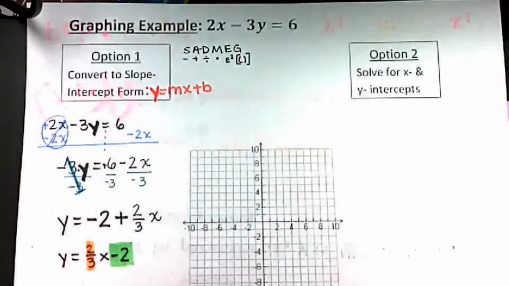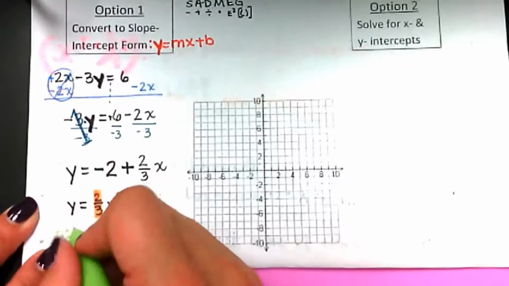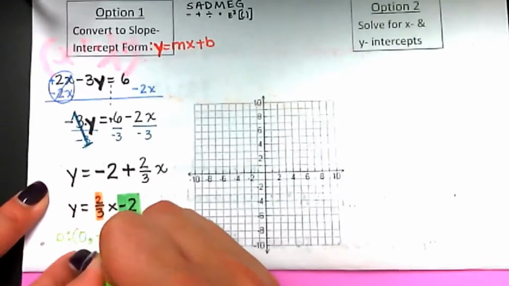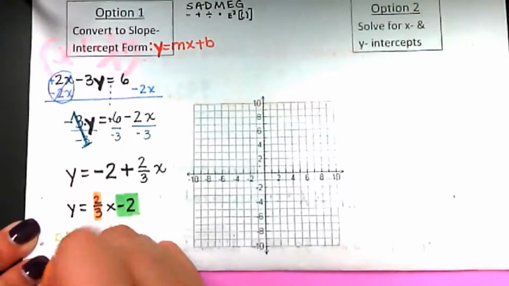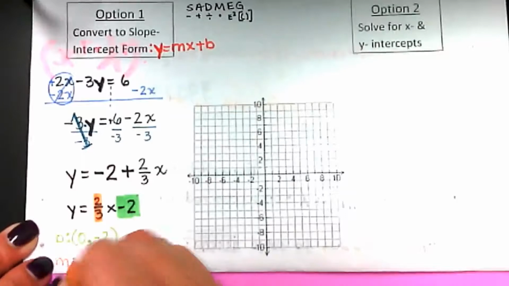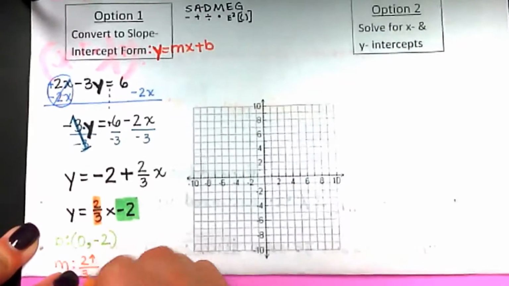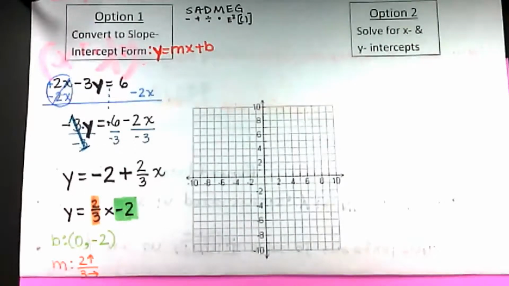So in order to graph this, we would say my b is (0, negative 2). And my m would be 2 up, 3 to the right.